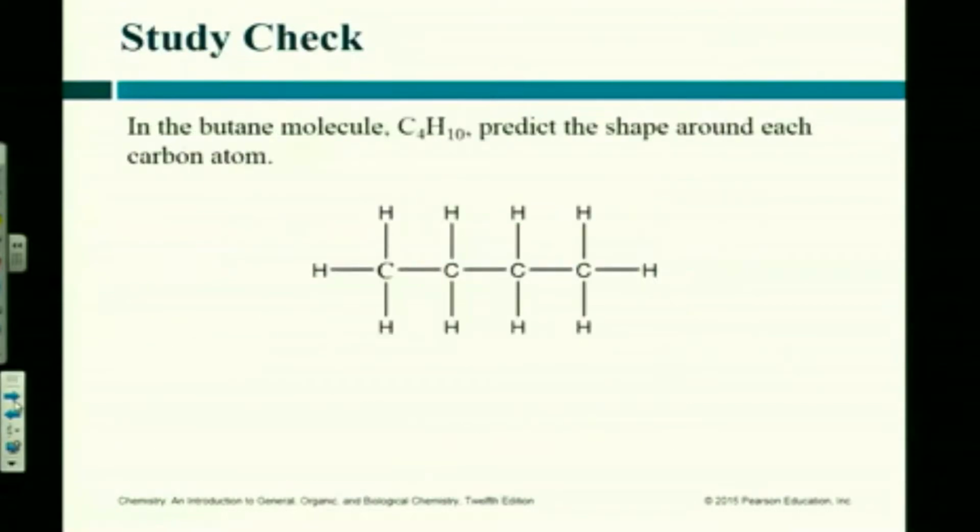Let's do this one together. This is butane. Contains 4 carbons. Predict the shape. We're not going to worry about shapes. Around each carbon, I want you to give me the compressed or condensed structural formula.